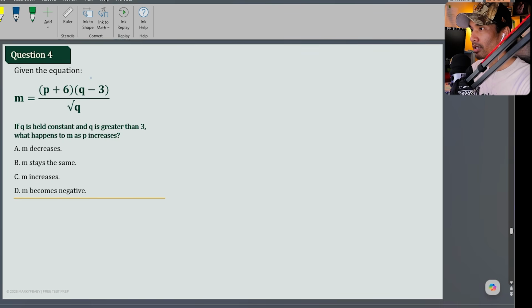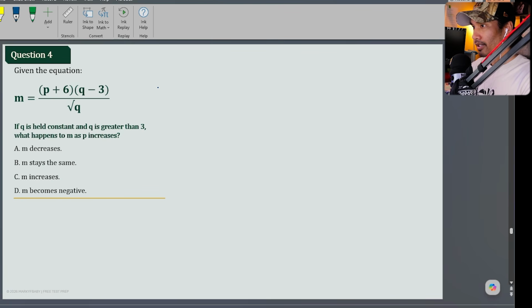Now, Q doesn't really matter because all we need to do is make Q a number greater than 3. And then once we do that, we simplify, getting rid of Q, and that leaves us with two variables being M and P. And then we just have to choose numbers that increase in value to see what happens to M.